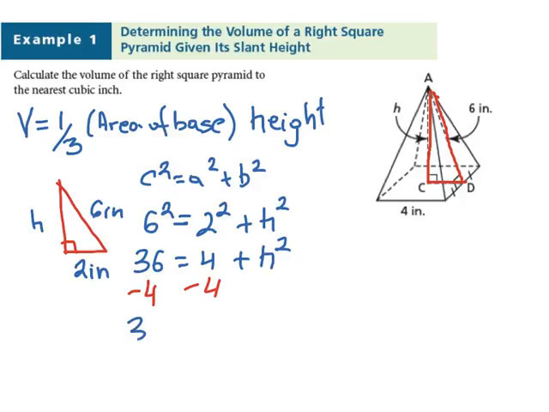We'll take the square root of both sides of the equation because we're looking for the value of height, not height squared. So therefore height is 5.66 inches. Now since we have the height, we can use it to find the volume.